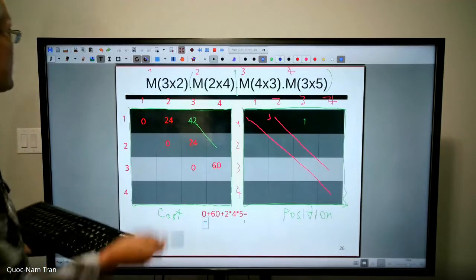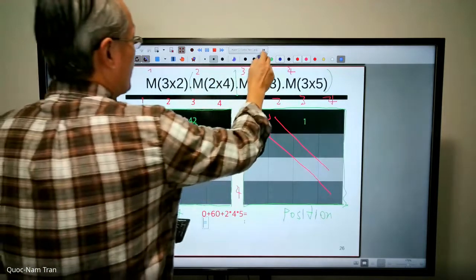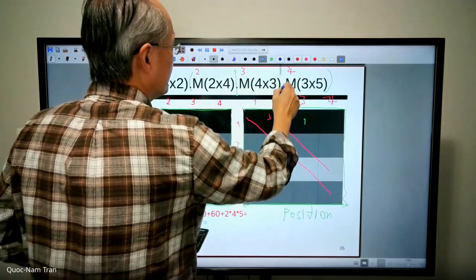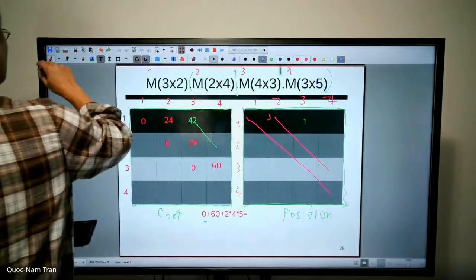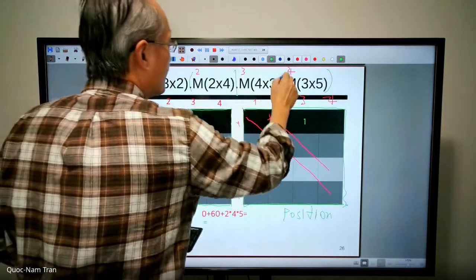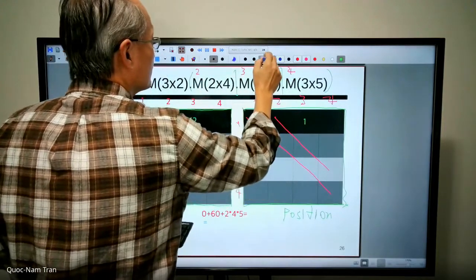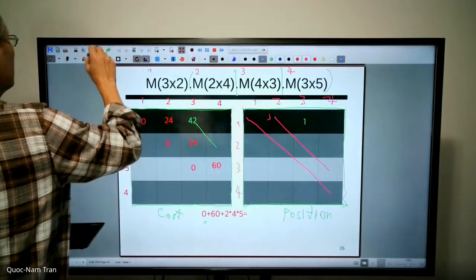So the next way to multiply them is here. Use a different color.